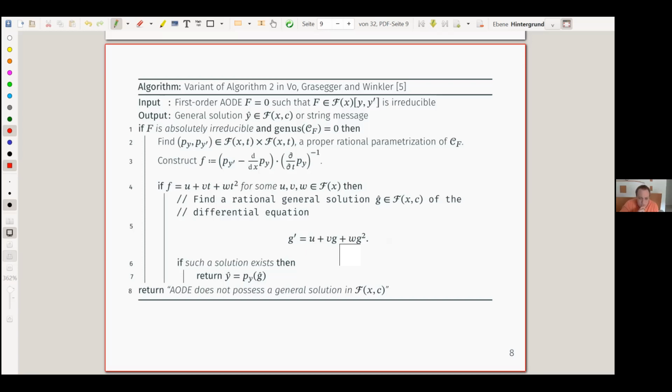This then has to solve either a linear or a Riccati equation, and for this there exists an algorithm that can do this.